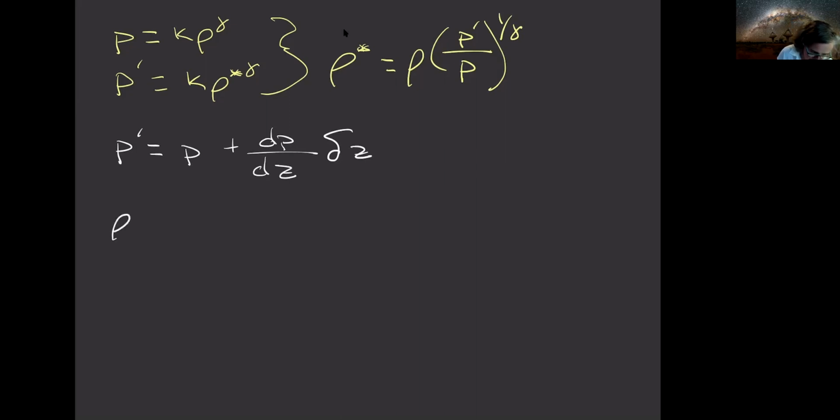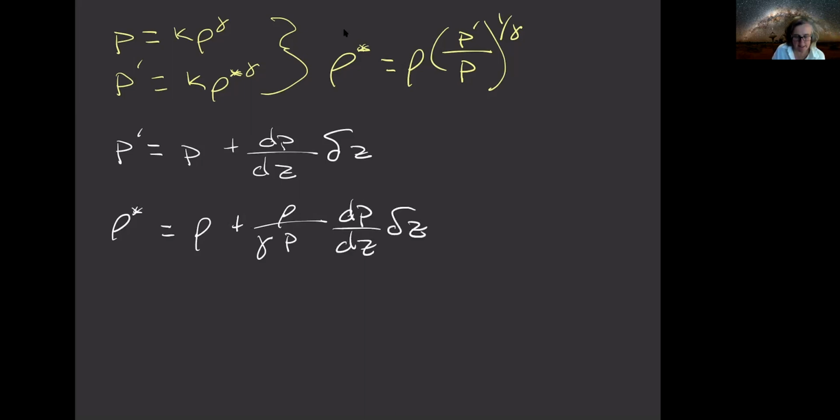And likewise, rho star is equal to rho plus rho over gamma p, pressure gradient times my displacement. So this is the density of the displaced element.